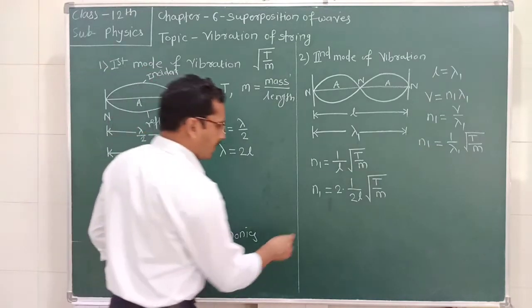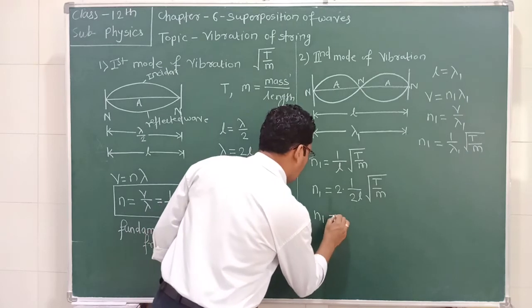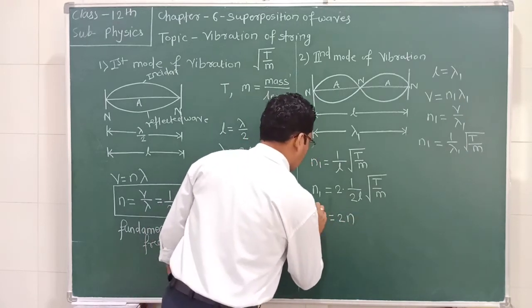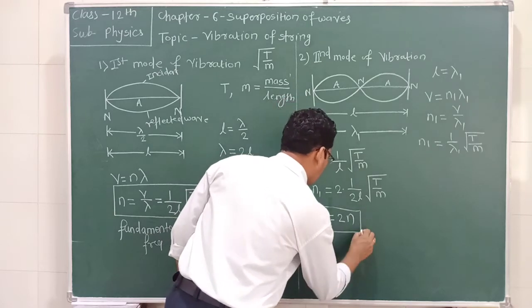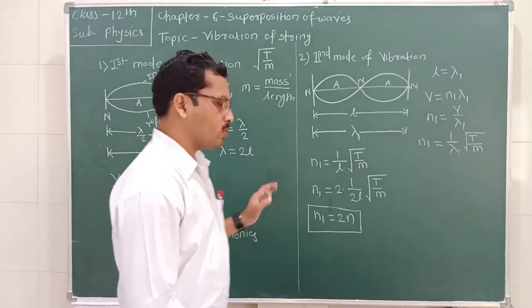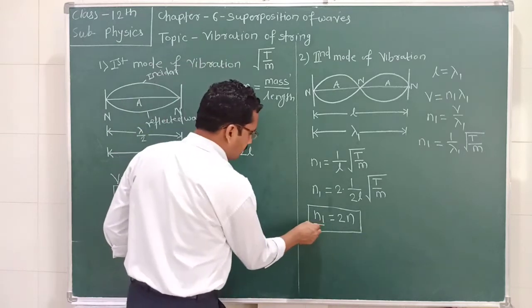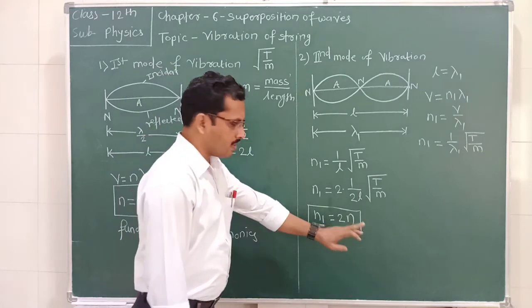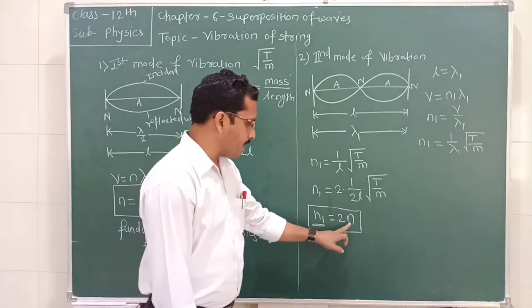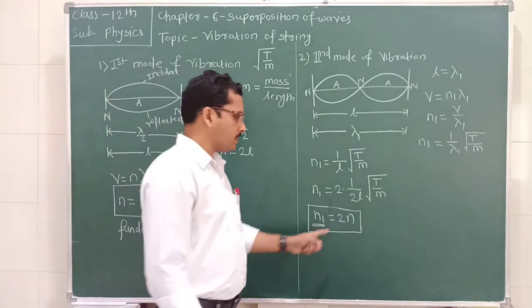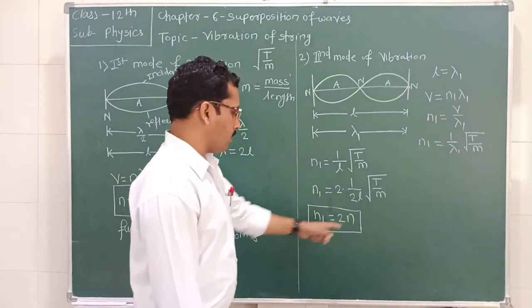So we can write here n1 is equal to twice n. This frequency is called the first overtone, and it is the second multiple of the fundamental frequency. Therefore, it is called the second harmonic.